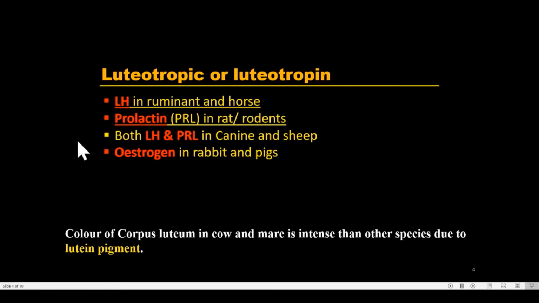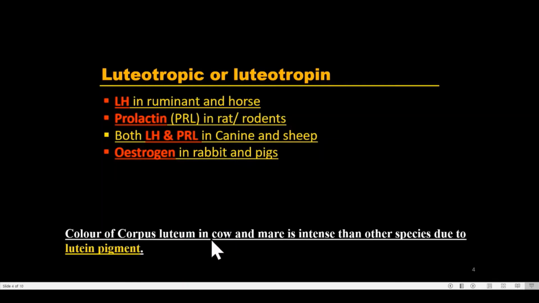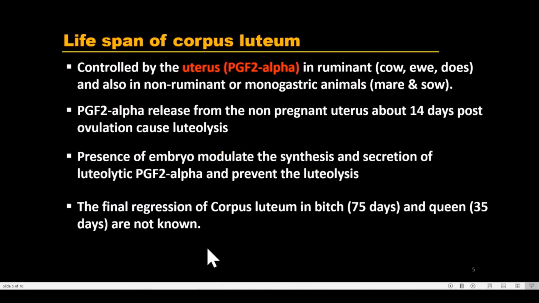Both LH and prolactin are necessary in canine and sheep, and estrogen in rabbit and pigs. These are the hormones known as luteotropic in these animals. The color of the corpus luteum in cow and mare is more intense than in other species due to lutein pigment.